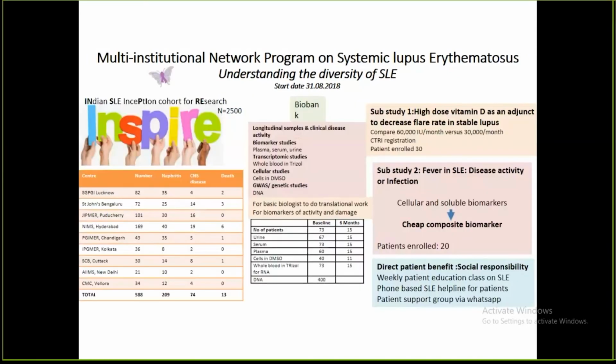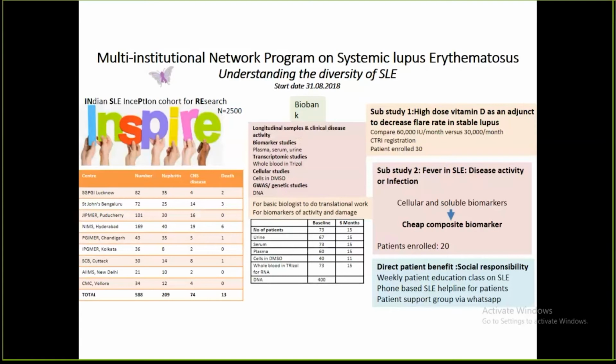This program envisages understanding the diversity of SLE. This is essentially an inception cohort from different parts of India for the assessment of clinical features, socio-demographic features, autoantibodies, disease progression, outcome, and evaluation of regional differences.